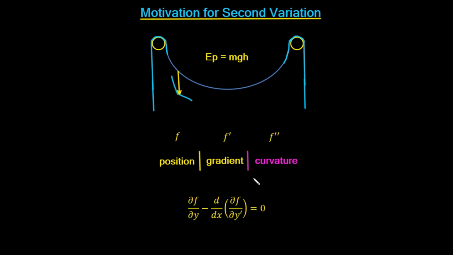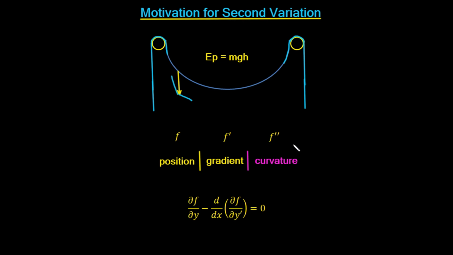So we want to look at higher order variations in order to prove that we have a local maximum or a local minimum. Now we also learn more about our functions and our calculus of variations by looking at higher order variations, but we'll get into those through the rest of the course. But that gives us a motivation as to why we want to look at higher order variations.